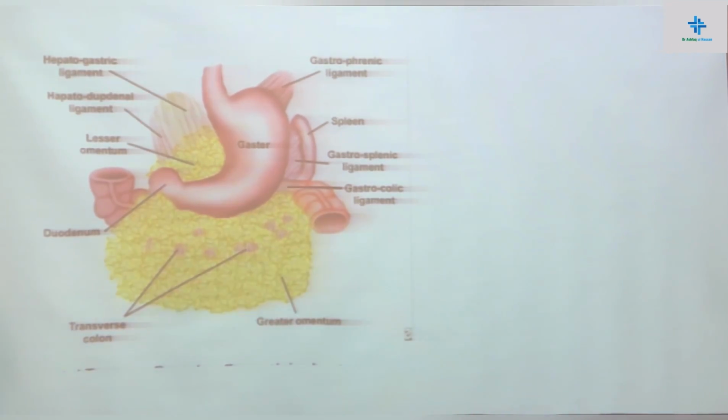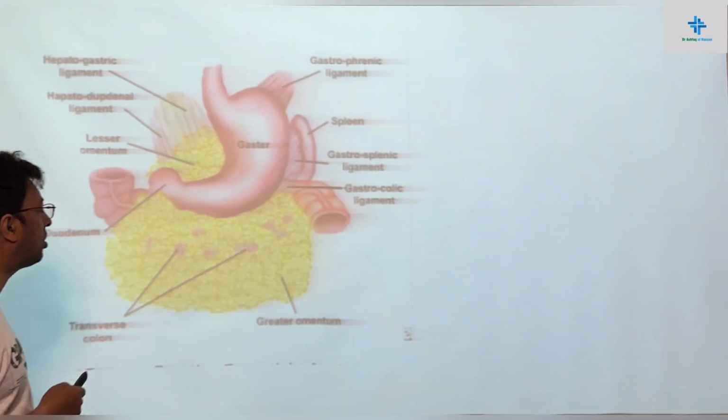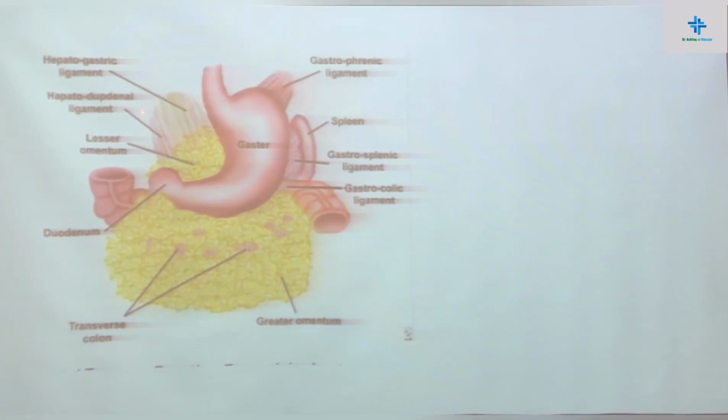And then there is another part which attaches the porta hepatis to the first part of the duodenum. So the lesser omentum has two parts, the hepatogastric part and the hepatoduodenal part, the former connecting the porta hepatis to the stomach and the second connecting the liver to the first part of the duodenum.